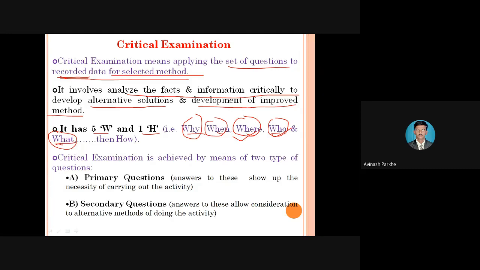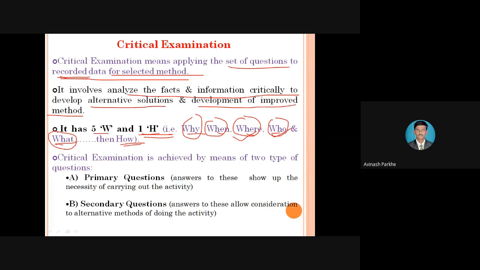So these are the 5 types of questions we ask of the existing method, and one H is there. Capital H means how. If I have to go for the modification, how will the modification be done? Such 5W and 1H questions will be asked in this examination.